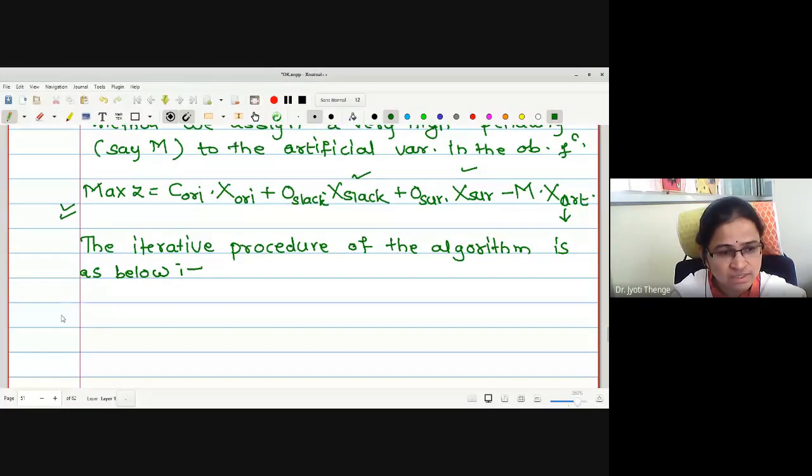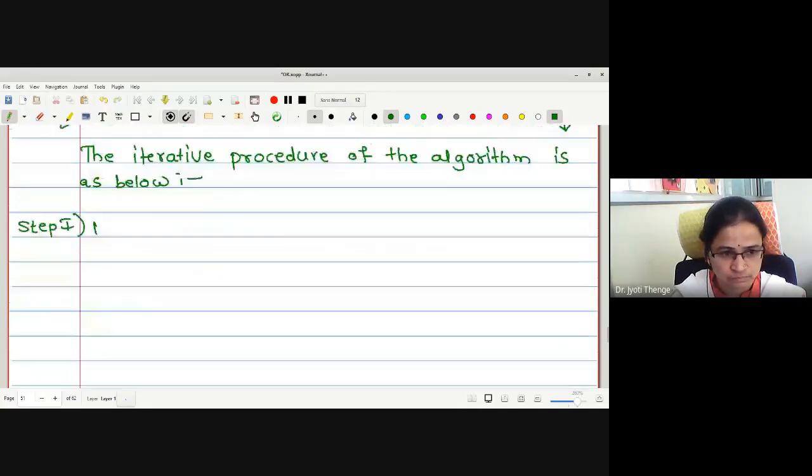Okay, what is step number 1? No doubt, step number 1 is to convert the given LPP into standard form. Write the given LPP in standard form.